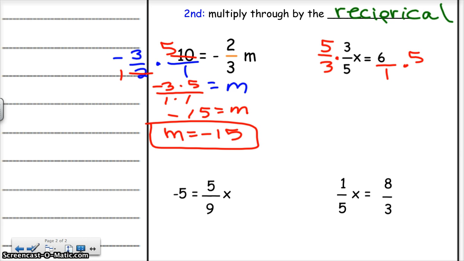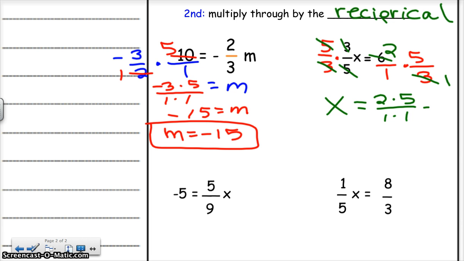If I multiply that through by the reciprocal, then I need to multiply the other through by the reciprocal. Everything here cancels out, and I'm left with x. I can cross simplify here. Now I can go x is top times top over bottom times bottom, which is just 10.